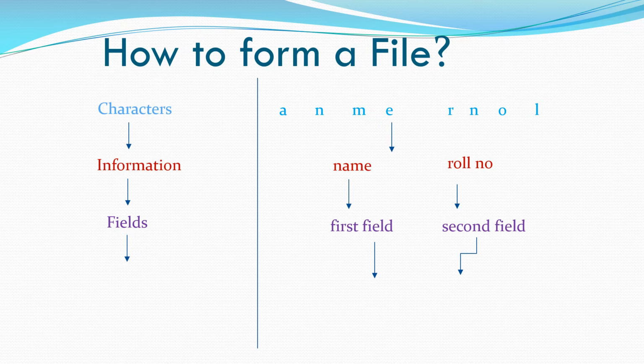For example, the first field is name and the second field is roll number. Using these fields we can form different records, such as students' roll number and name records, and these are called student records. Row wise we will store these records, and all these records are going to be stored in a file. So that file we will call, suppose, the student file. So like this a file is formed.